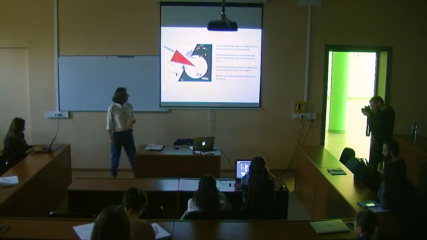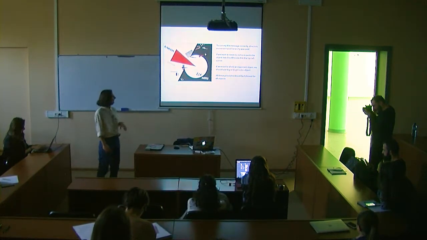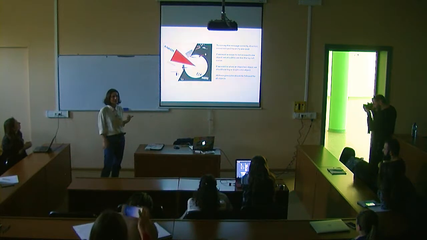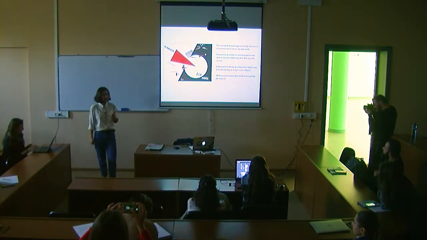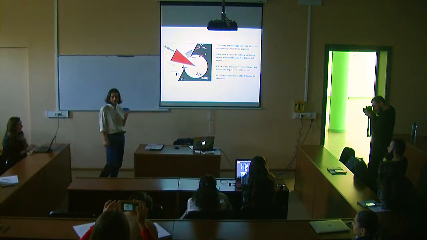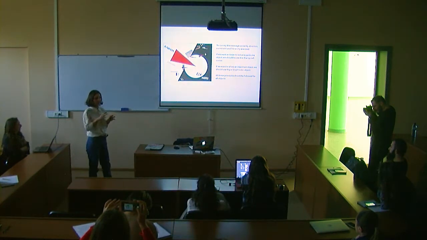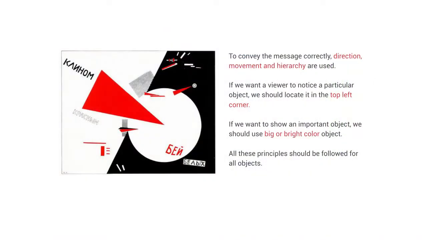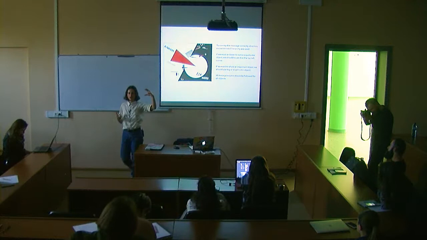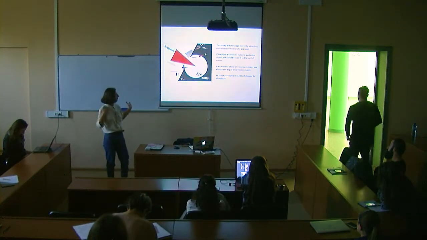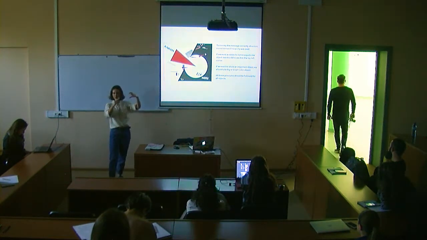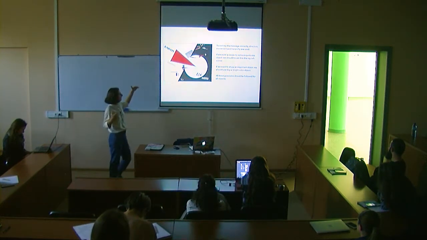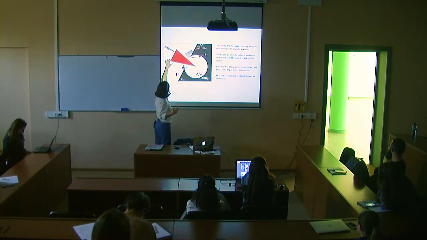For example, this is a very old Soviet image, but it's quite a good example of using those tricks to create a direction of perceiving the image. It has quite good hierarchy, actually, because the big red triangle creates a focal point that we notice first, and it has direction because a triangle is directional, and it indicates that we should read from here to here.